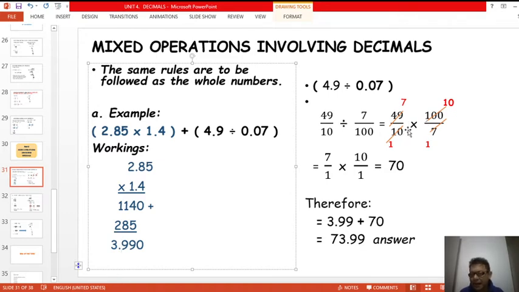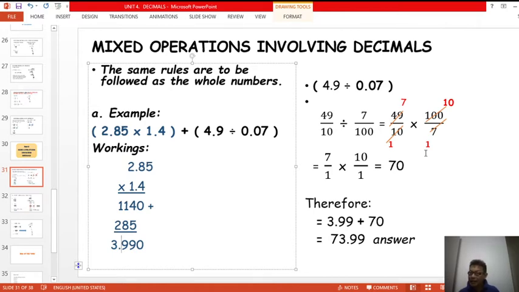So 10 here can be cancelled out with 100, it becomes 10, and 49 here can be cancelled out with 7. So the remaining here is 7 times 10. So 7 times 10 is 70. 1 times 1 is 1, of course. So 70 over 1 is just the same as 70.